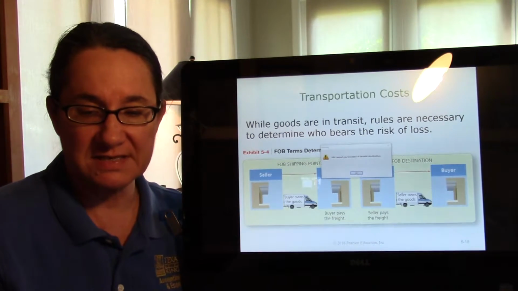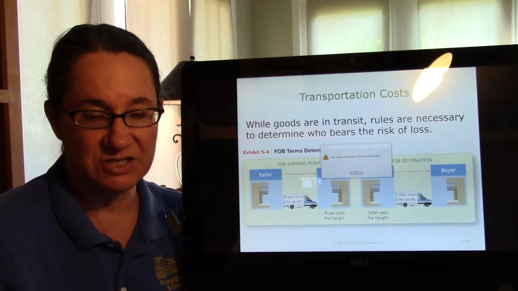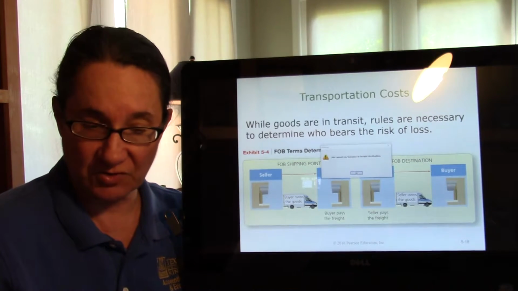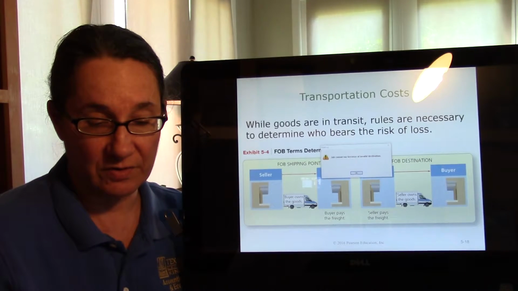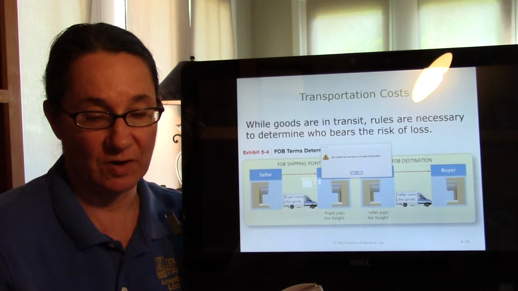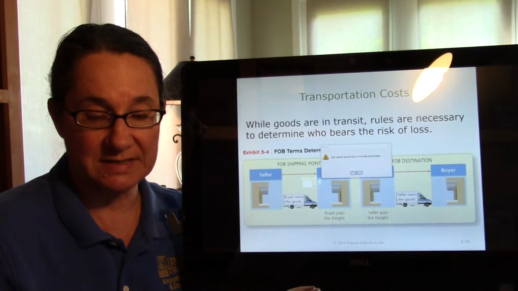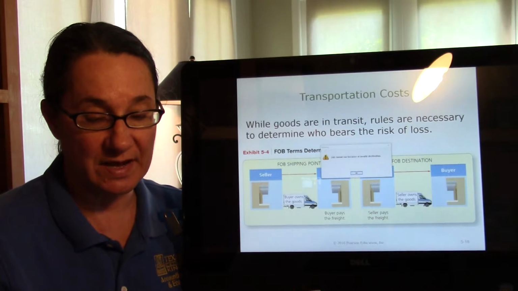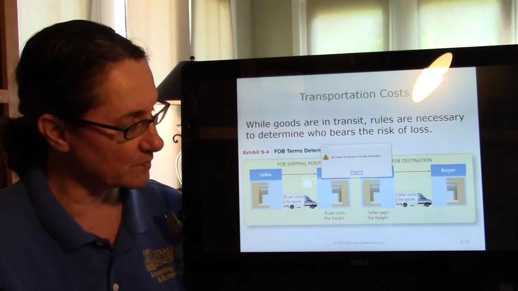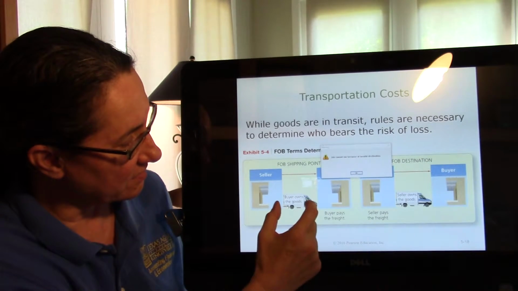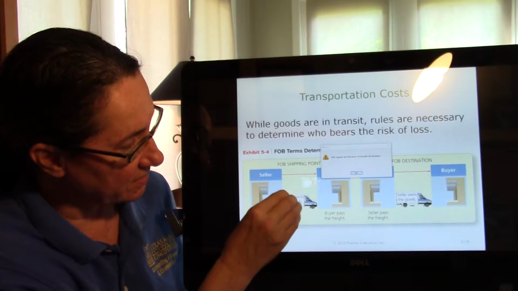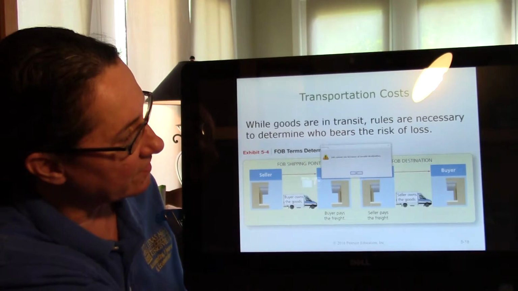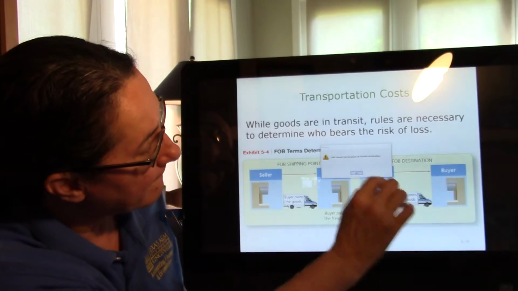Either the buyer or the seller must pay the transportation costs of shipping merchandise inventory. The purchase agreement specifies free on board terms, FOB, to determine when title to the goods transfers to the purchaser and who pays the freight. Right? So this little picture kind of gives you an idea. Either when we put it on the truck at the seller, it becomes the buyer's, so therefore the buyer pays the freight.